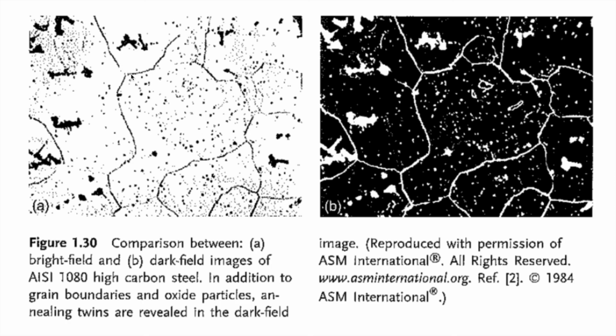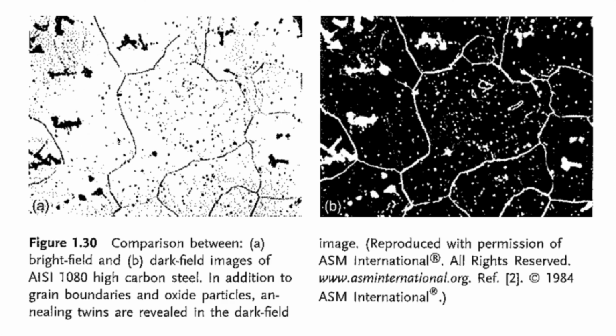So it appears as dark. Whereas the others, the light is scattered in a normal fashion, and we have a light image. So the name bright field comes from the fact that the majority of the image is going to be bright, and only features where light is scattered will there be a dark image.